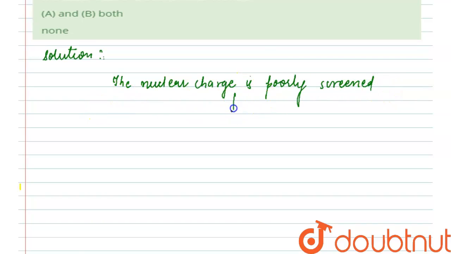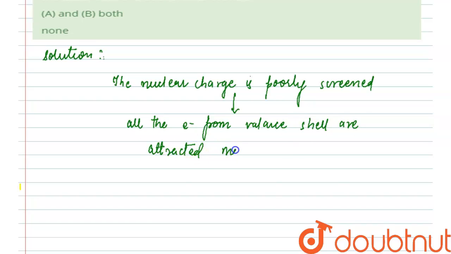And due to this reason, what happens? All the electrons from the valence shell are attracted more strongly.